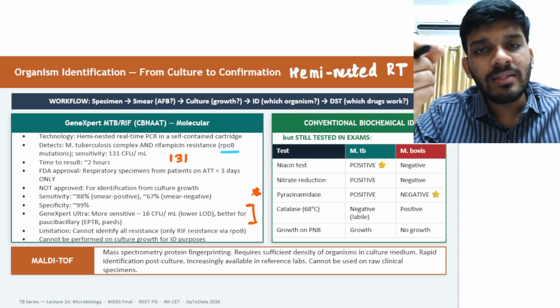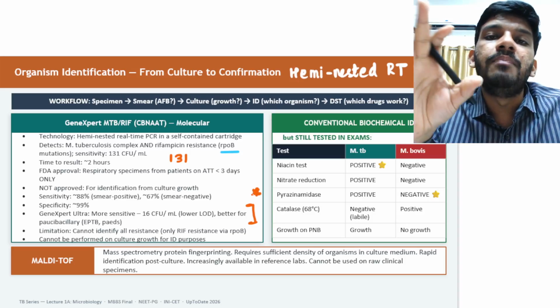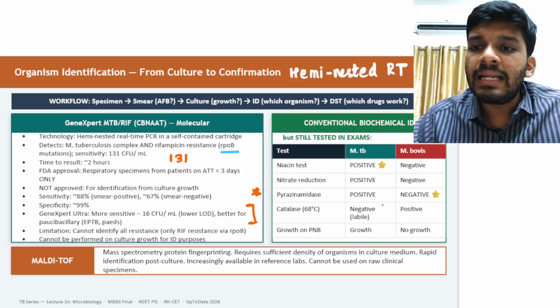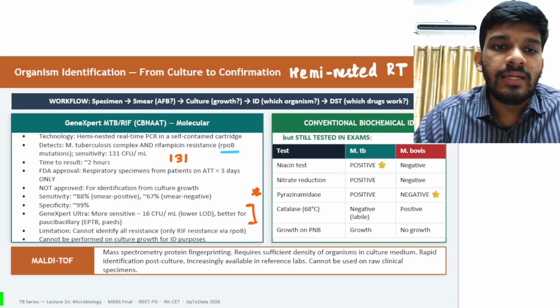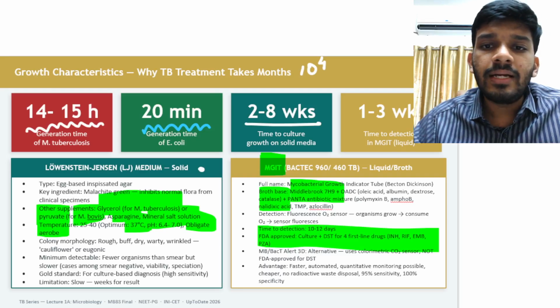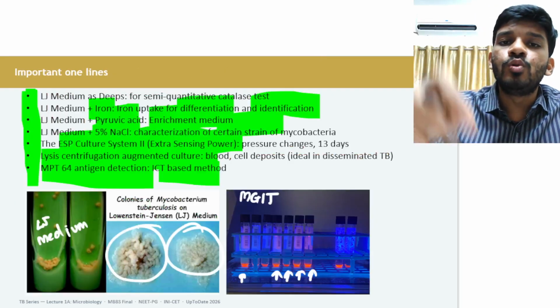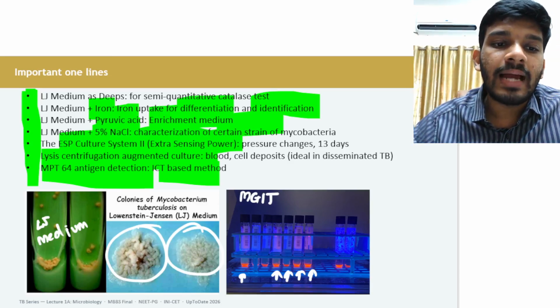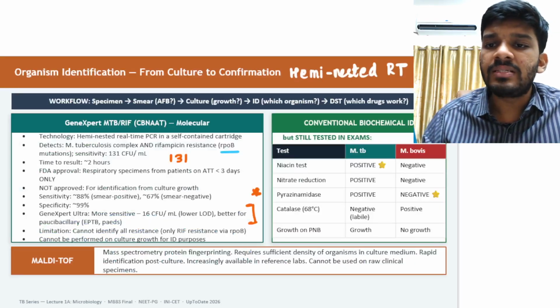Now, some important things that are still tested in examinations are important points to differentiate MTB and M bovis. One is the catalase test. Remember, I told you in the one-liner slide on culture, that you create wells in the LJ medium, and you do the catalase test, which was done previously.